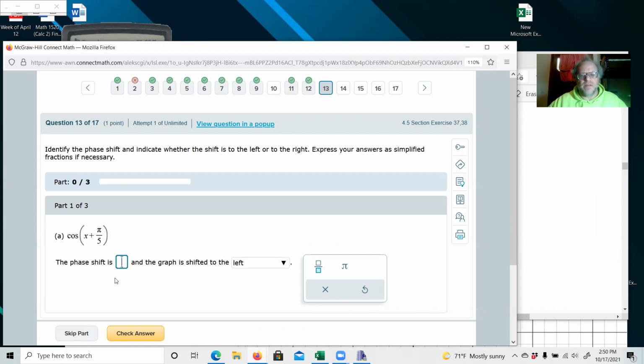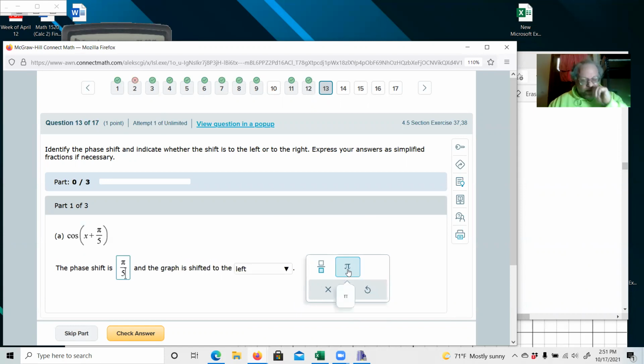The phase shift is pi over 5, and the graph is shifted to the left, because if it's positive we go negative, and if it looks negative we go positive. It's the opposite of what you think.